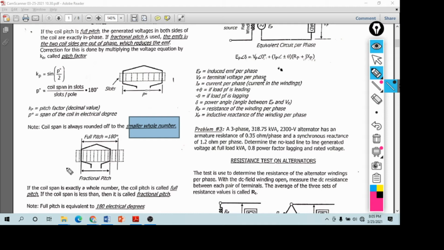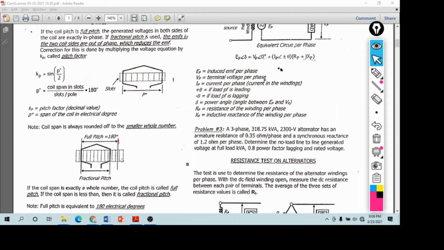So next is, let's have an example. Fractional pitch. When can we say that it is fractional pitch? Assume that this is the pole pitch. So let's count how many slots are there. All in all, we have 1, 2, 3, 4, 5, 6, 7, 8, 9, 10, 11, 12, 13.